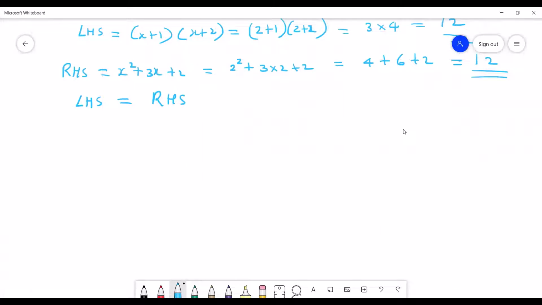So if we are getting the same value on the right hand side as well as the left hand side, then we can say that this is an algebraic identity. What is the meaning of algebraic identity?